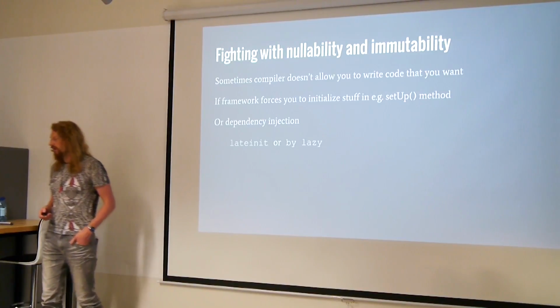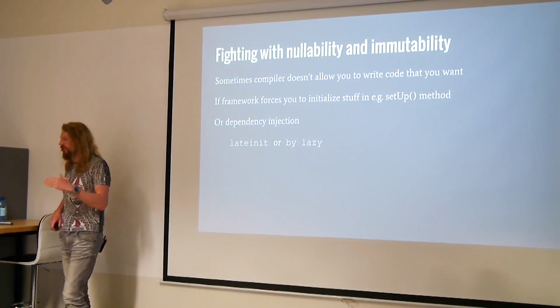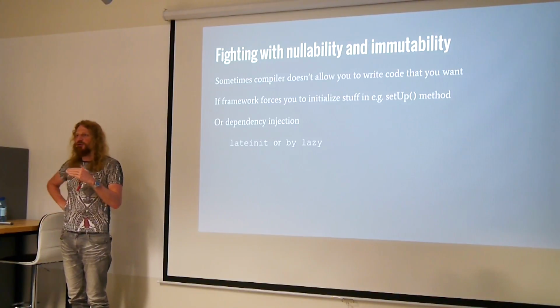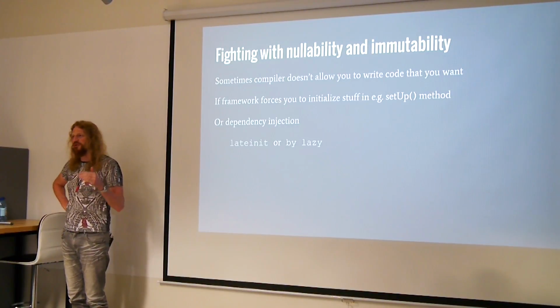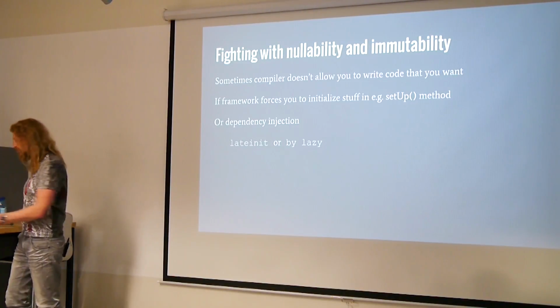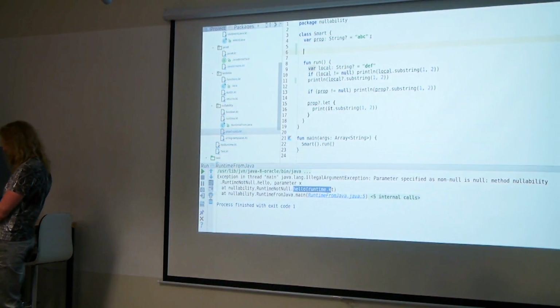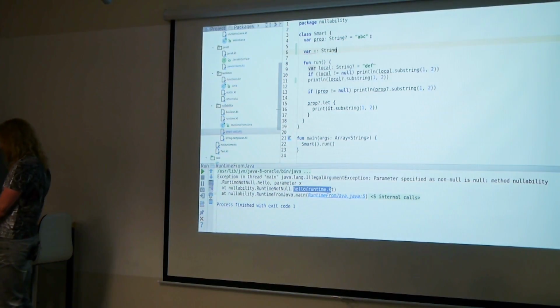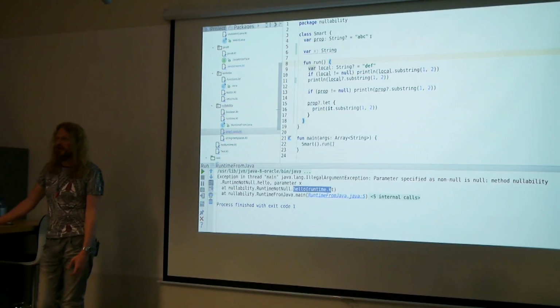There is also a problem with dependency injection. The compiler will enforce you to initialize all the non-nullable properties. You cannot leave properties in the class without a value, because the compiler will not allow you to declare that. For example, if I declare var x, which is not nullable, I cannot leave it like that, because it has to have a value.